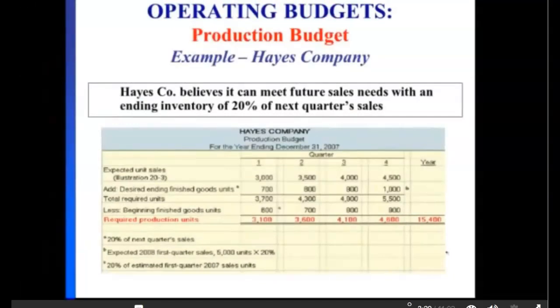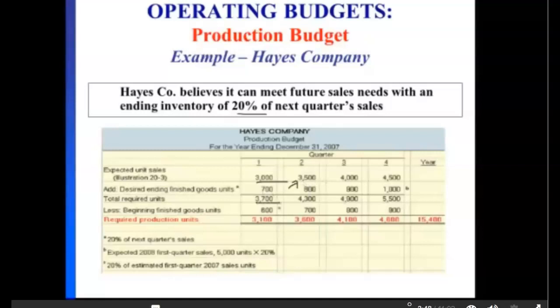Now, an example. Here we have Hayes Company. Management believes it can meet future sales with an ending inventory. They want ending inventory to be 20% of next quarter's sales. So here's the sales, 3,000 first quarter, 3,500 second quarter. Now, I need to end up the first quarter with 20% of what I need for sales in the second quarter. So 20% of 3,500 is 700.